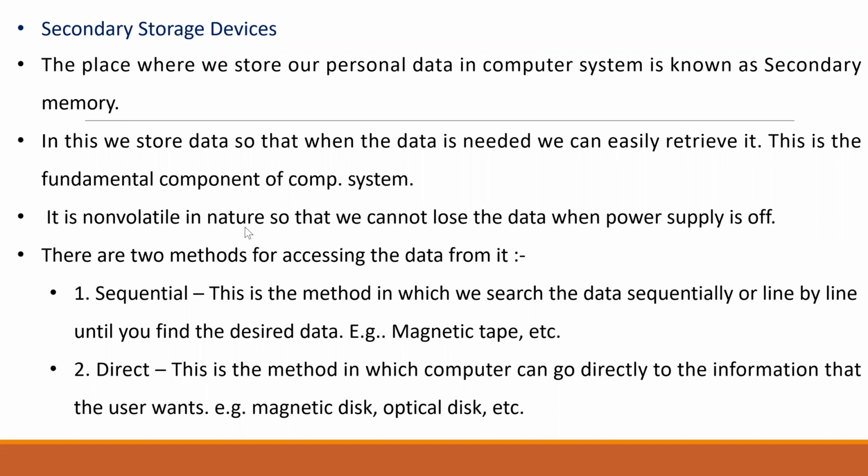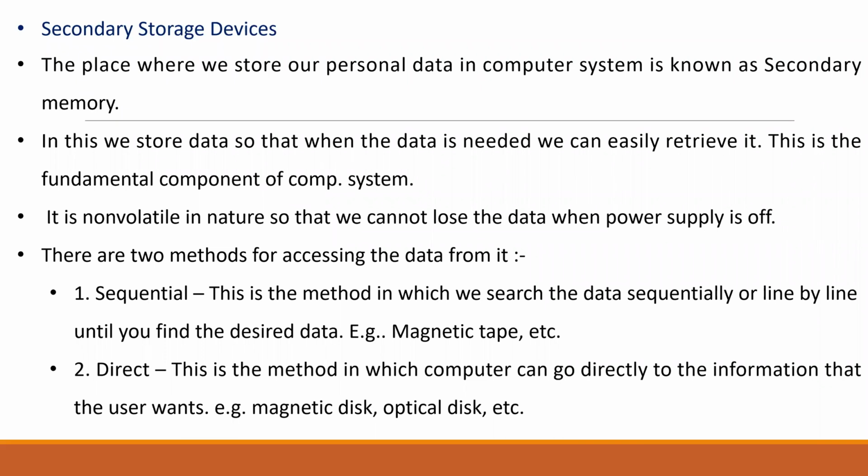There are two methods for accessing the data from it. That is sequential. Sequential means you can access the data in sequential form. When you play music on an old cassette, you access the data sequentially.